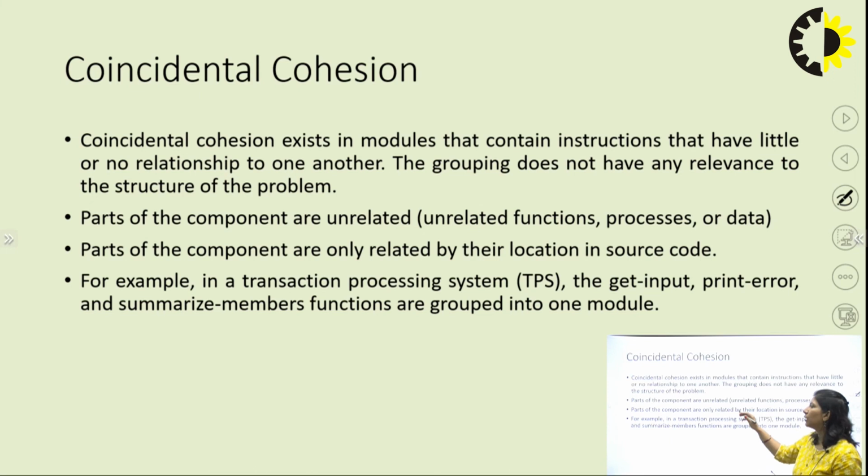So the parts of the component are unrelated. The parts of a component are not related by their location in the source code. For example, in a transaction processing system, get input, print error, and summarize member functions are grouped into one module, but they are not related to each other.